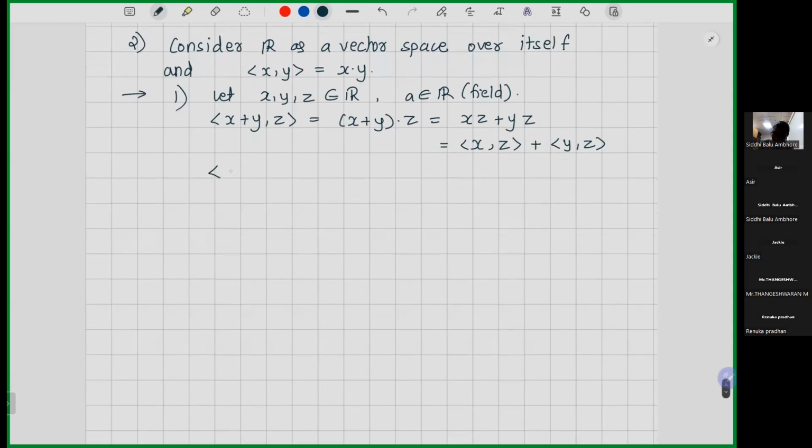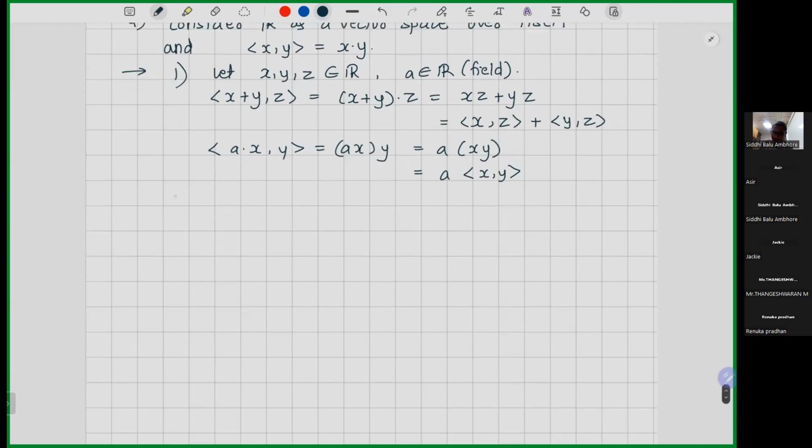Similarly, (ax, y) is ax into y, which is a times (x, y). So linearity is okay.